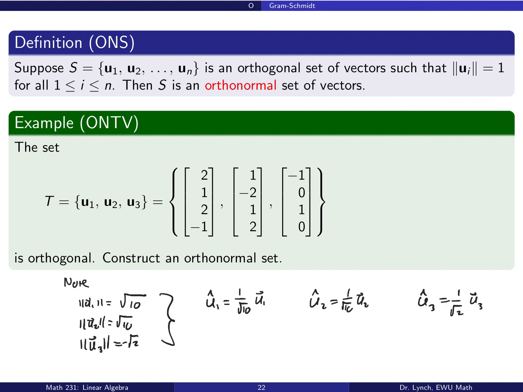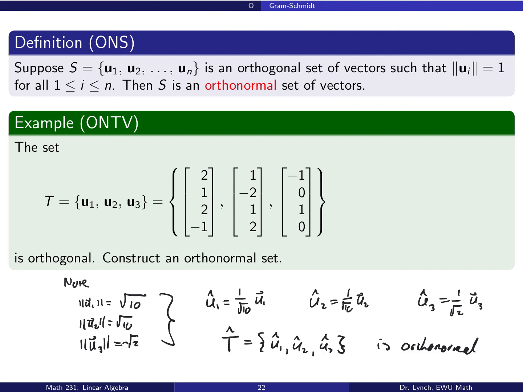So we quickly see that the norm of U1 is the square root of 10, the norm of U2 is the square root of 10, and the norm of U3 turns out to be the square root of 2. So U1 hat is 1 over the square root of 10 times U1, U2 hat is 1 over the square root of 10 times U2, U3 hat is 1 over the square root of 2 times U3, then U1 hat, U2 hat, and U3 hat form an orthogonal set that has norm 1, so it's orthonormal.